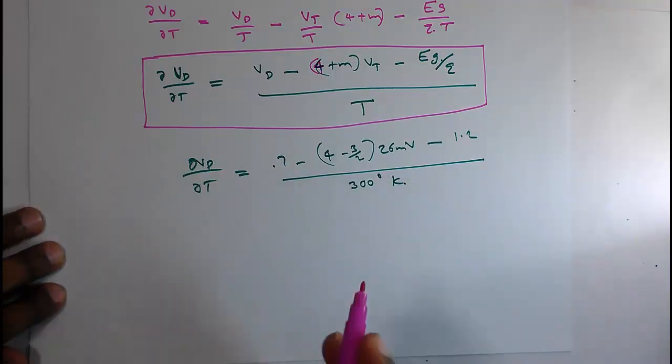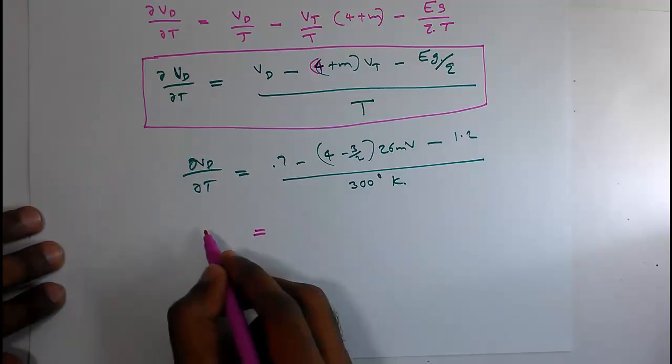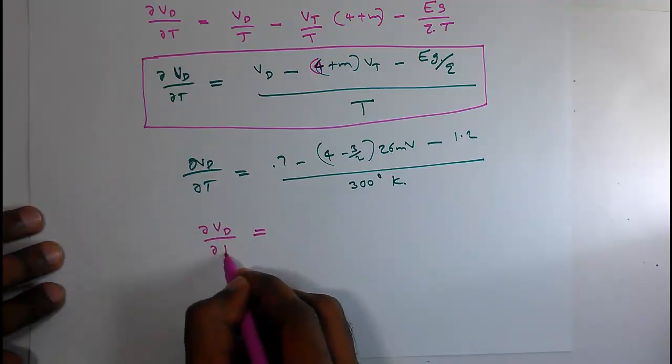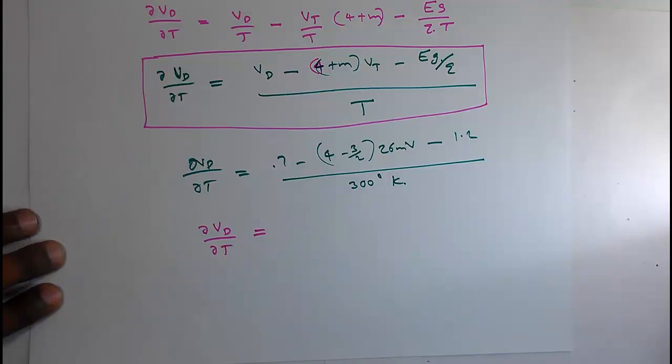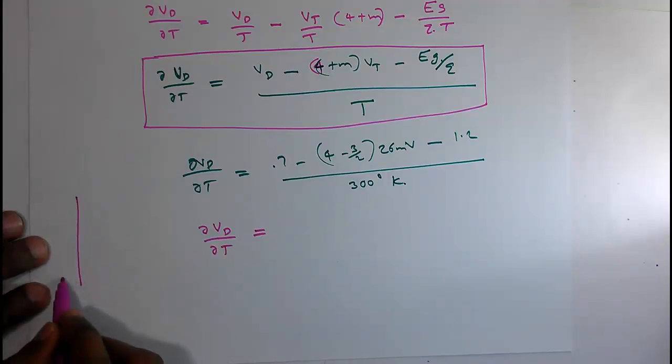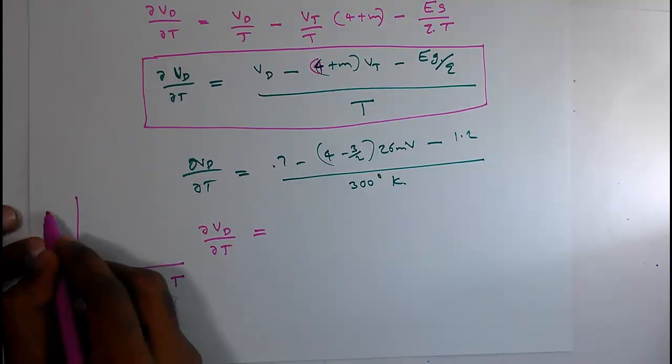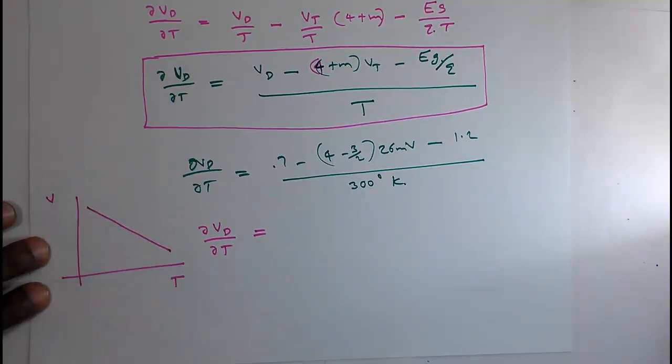Now write the value of ∂Vd/∂T, that is our CTAT. We have the CTAT, so our CTAT voltage will decrease with respect to temperature.